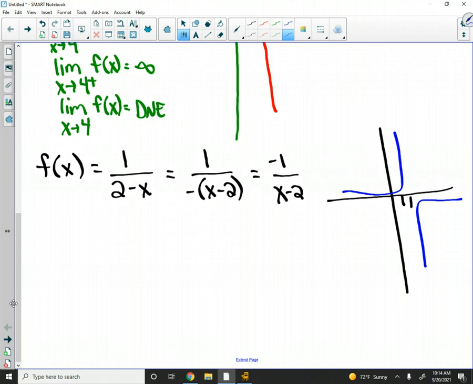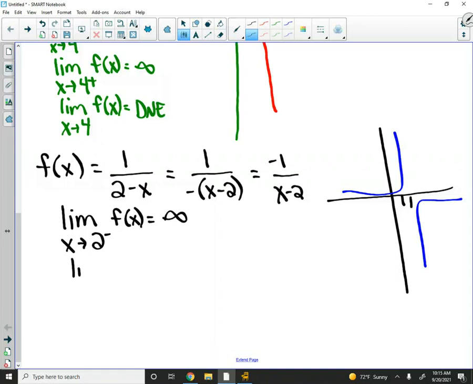Okay, then we're going to find some limits, practice our limits with this. The limit as x approaches 2 from the left of the function. So that blue line, as we're coming in from the left, what's the most accurate answer? Infinity. All right, you know what's coming. The limit as x approaches 2 from the right of the function.